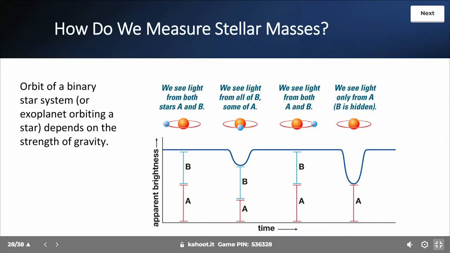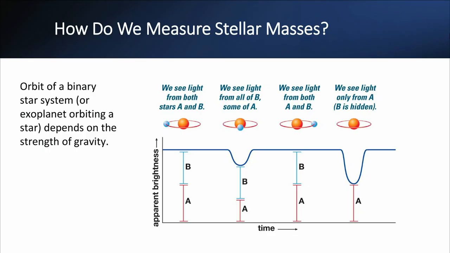Okay. The next thing that we can measure: we've talked about how you can get the luminosity if you know the temperature of the star, and you can measure brightness with your eye or with the detector on your telescope. Now we're going to talk about how you might measure the mass of a star.